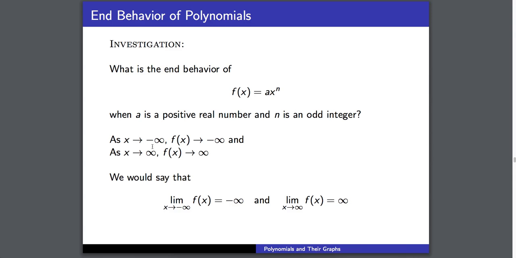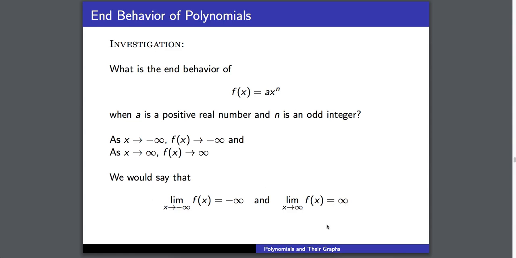We copy this information below lim for limit, copy this function and the value it goes to, just replacing this arrow with an equal sign. Likewise, as x approaches positive infinity, our function values are also approaching positive infinity. So the limit as x approaches infinity of f of x is infinity.